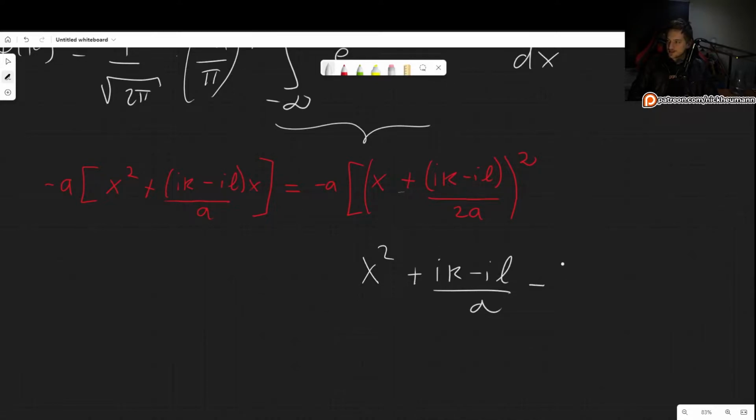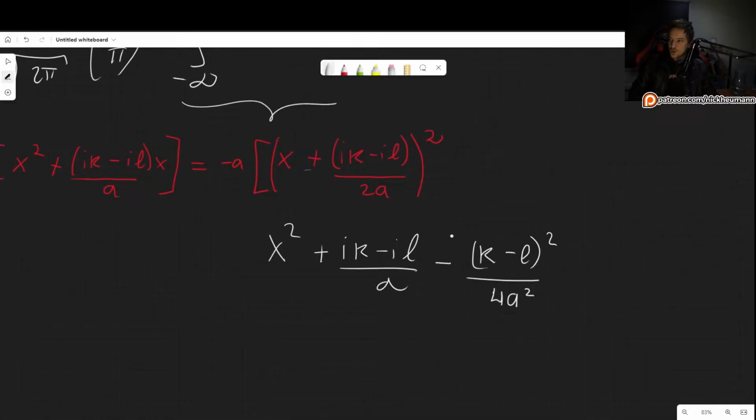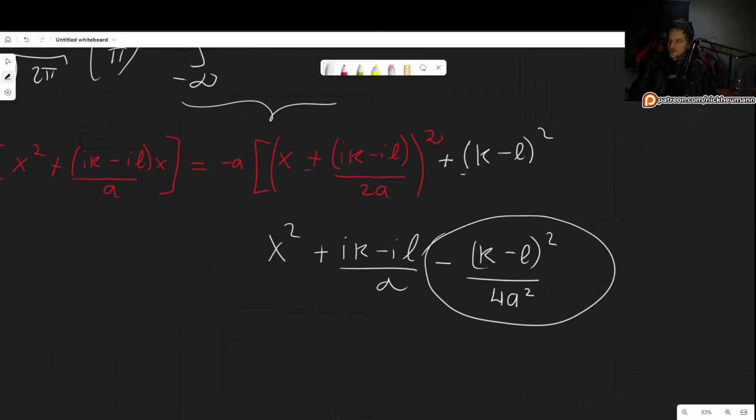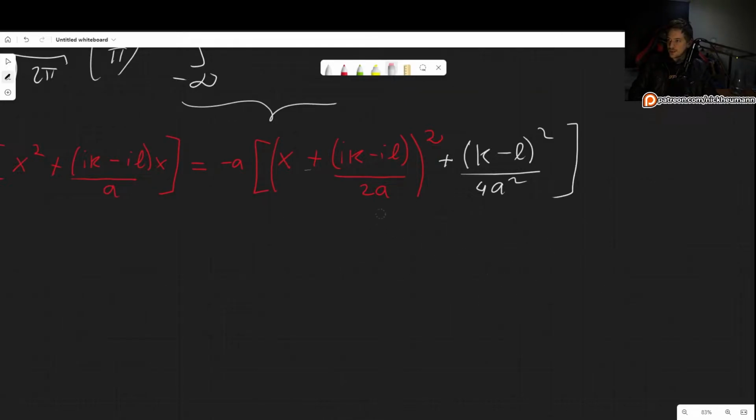So minus, no, not the i, so we get k minus l squared divided by, and here instead of 2a we have 4a squared. So notice that we have this additional term here. In order for this to be the same, we need to add this, so that when we multiply through, this thing cancels out and we are not doing anything illegal. Okay, so that is a nice way of working with this.